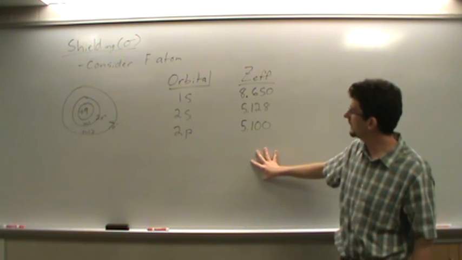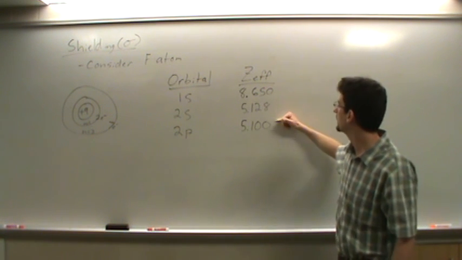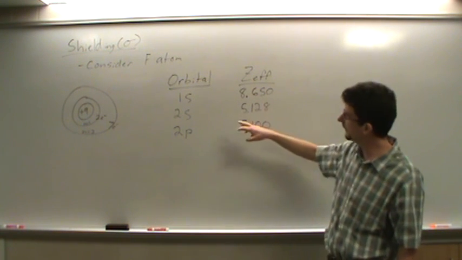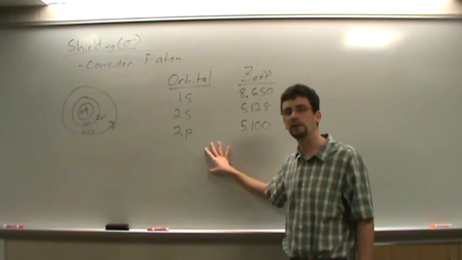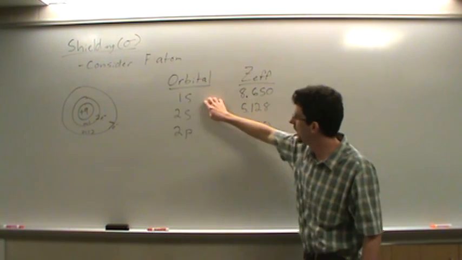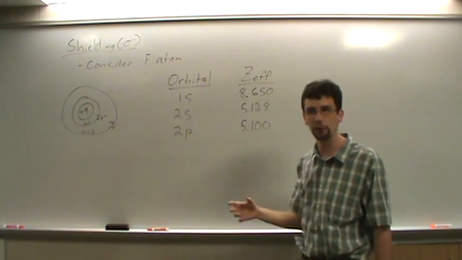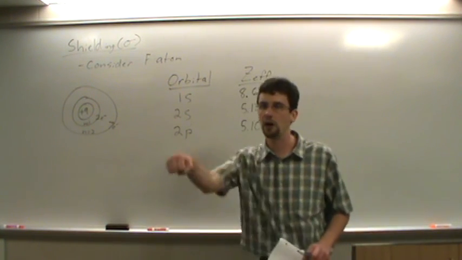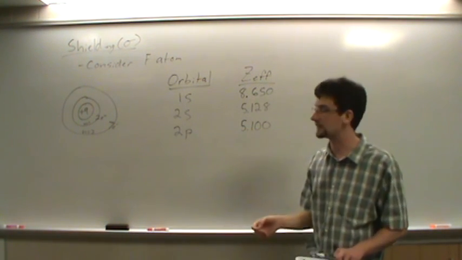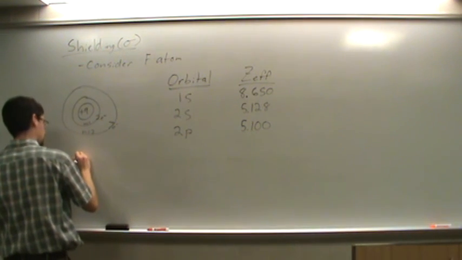So what we can see is as we get further and further away from the nucleus, this Z effective starts to fall off. And it's not really because we're getting further and further away from the nucleus. It happens that these inner electrons shield the outer electrons. So the electrons in the 1s orbital take the first hit from the charge, pow, and then these guys are left over with what remains. So let's explain what we see.